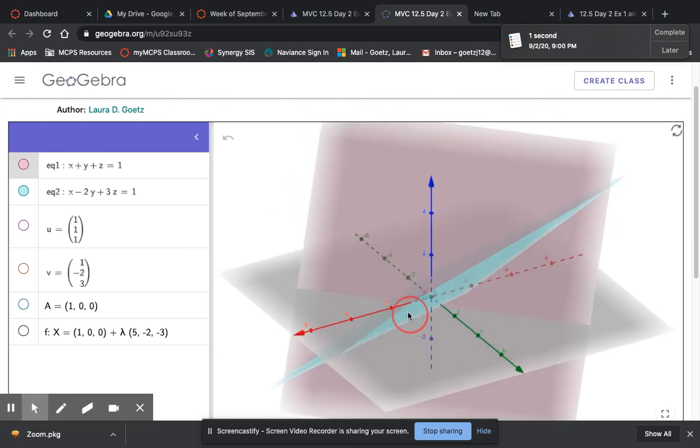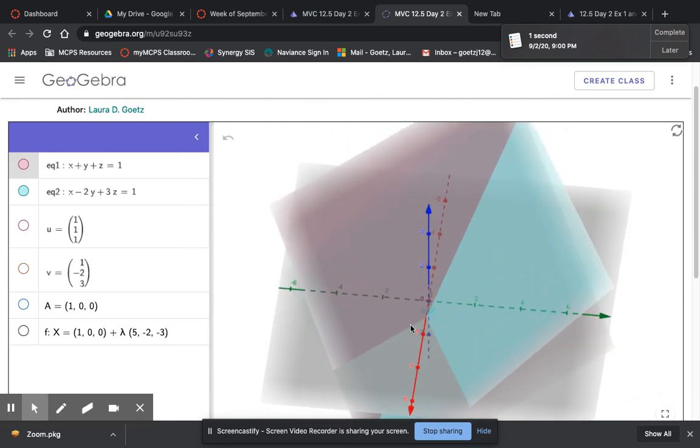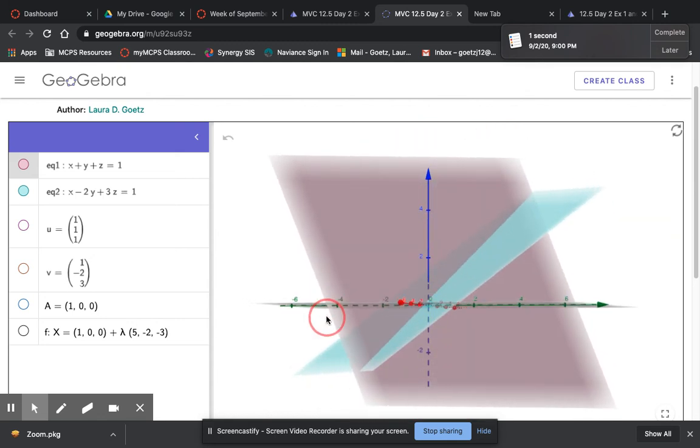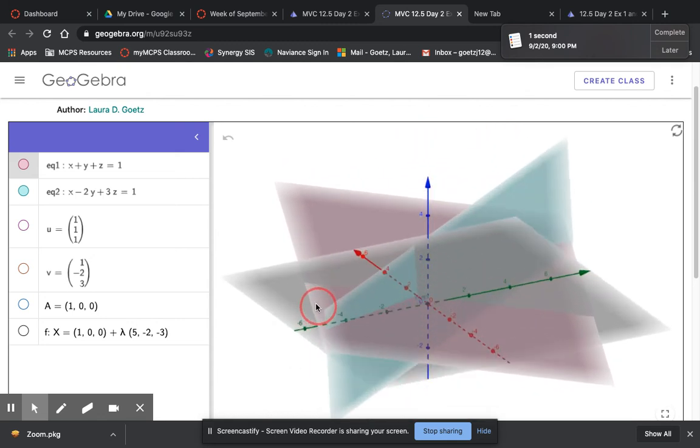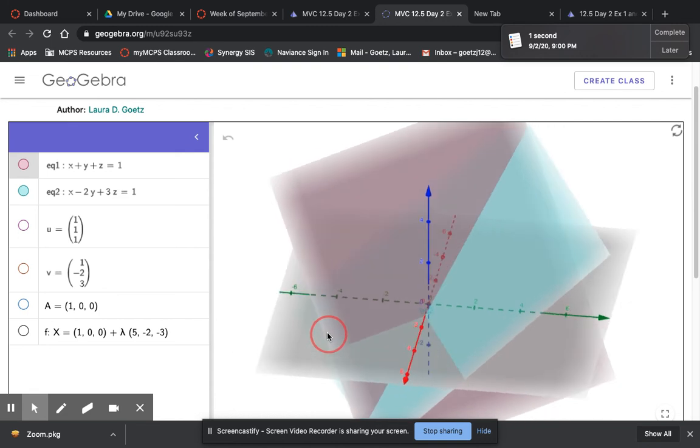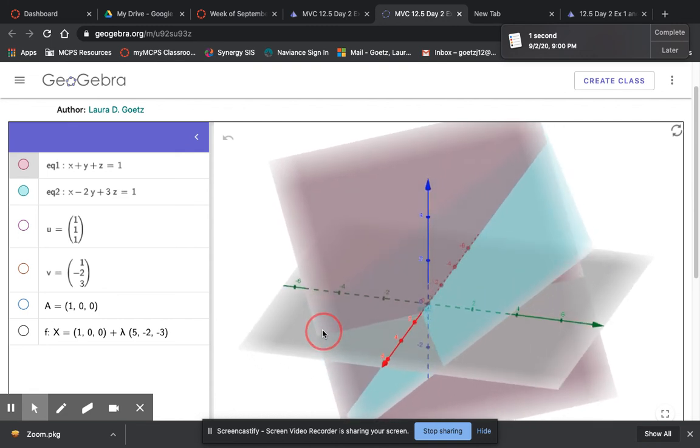There they are. And then can you see the line of intersection, right? Can you see the line where they cross, where they meet?